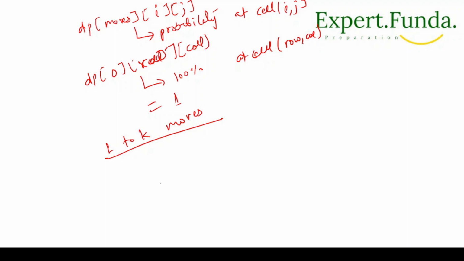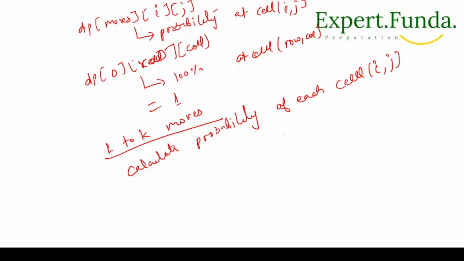So let's calculate the probability of each cell at i and j based on previous moves. That is what we are going to see now.